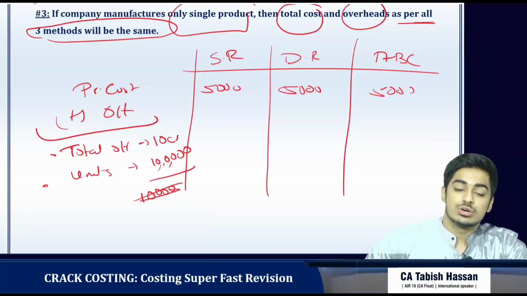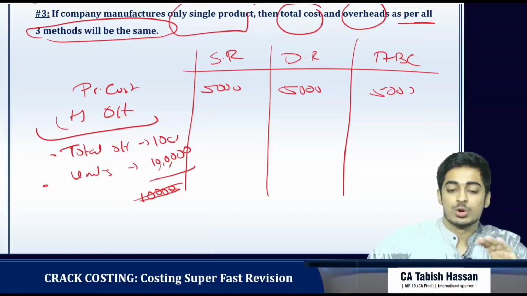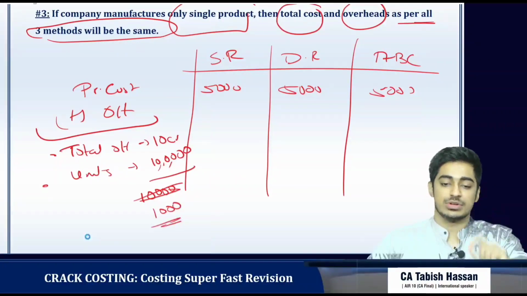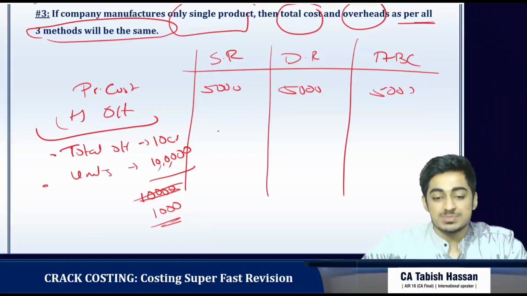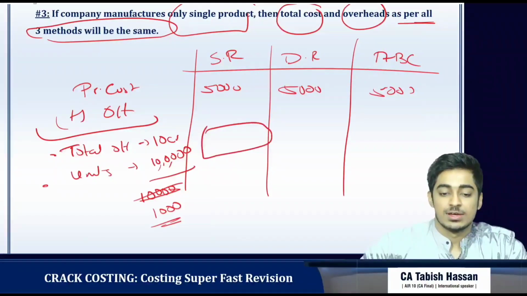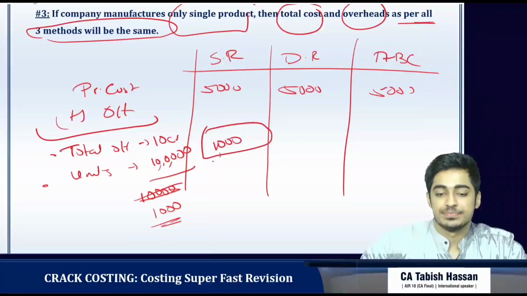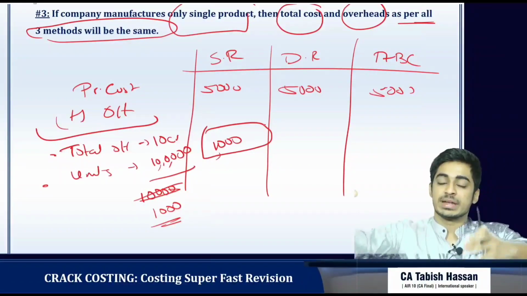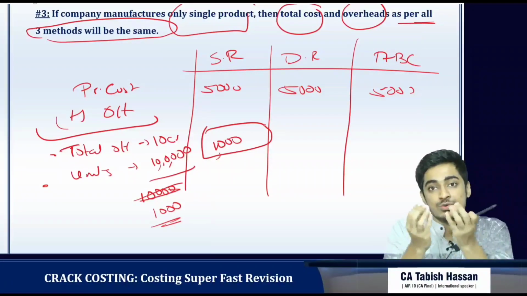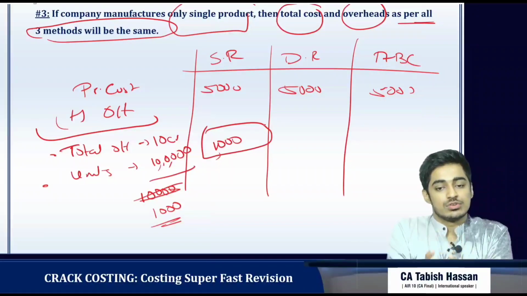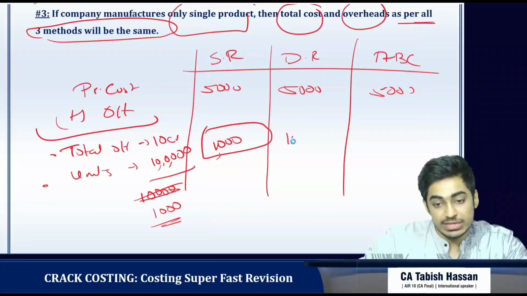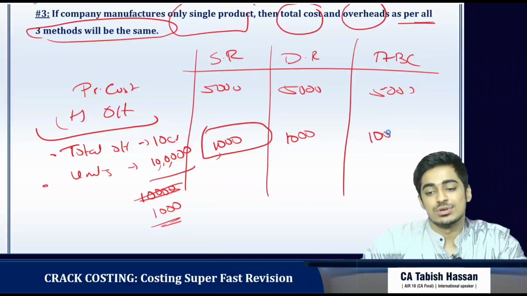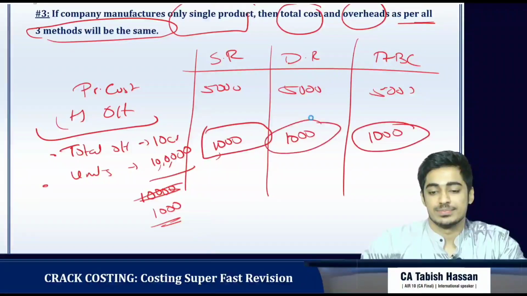So the overhead per unit would be 10 crore divided by 1 lakh, which is 1,000 per unit. So if we are doing as per single rate method, we will charge 1,000 per unit. If you are doing as per departmental rate method, we split it between the departments, but ultimately it is getting charged to only that single output. So it would again be 1,000 per unit only. And if you're doing as per activity based costing also, it would again be 1,000 per unit.